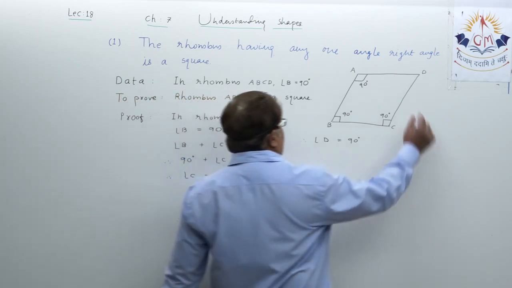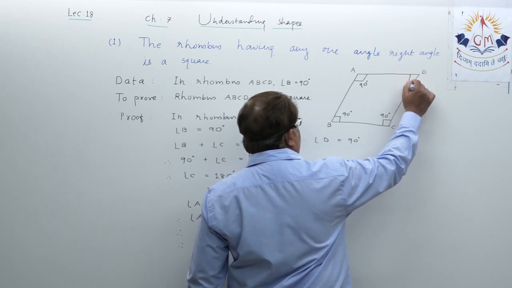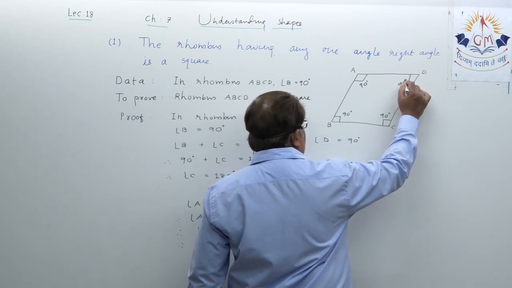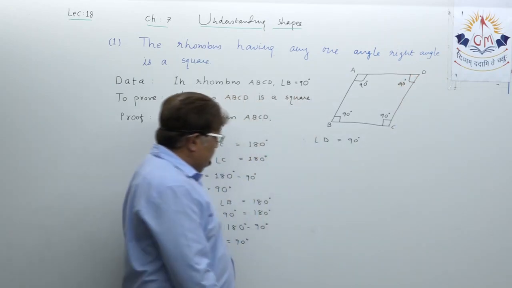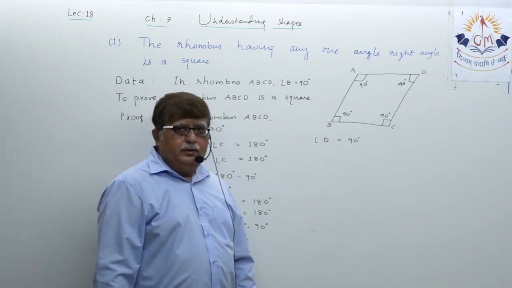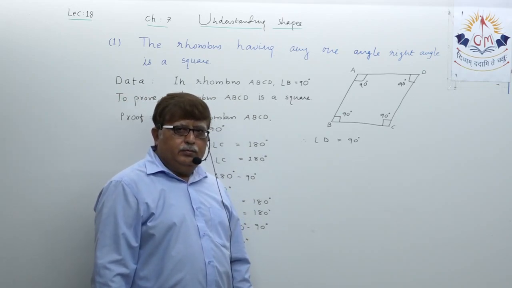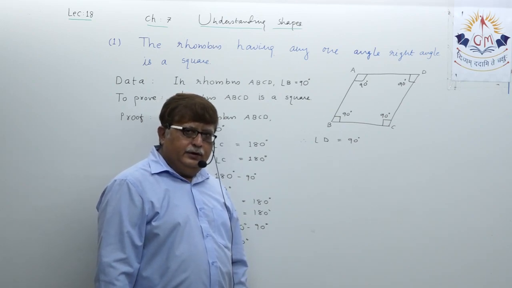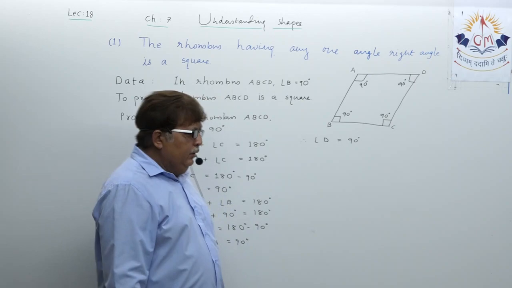So, one thing has been proved, that in rhombus all angles are proved right angle already. Understood?